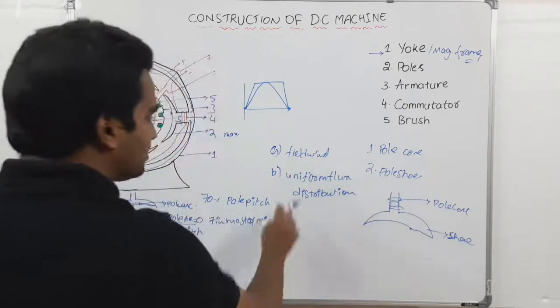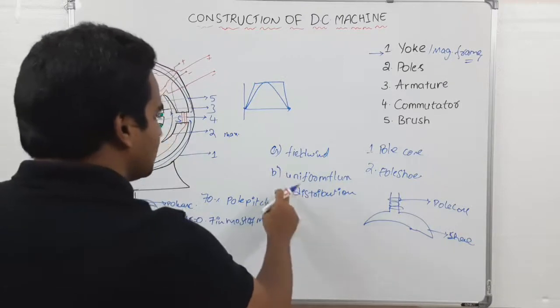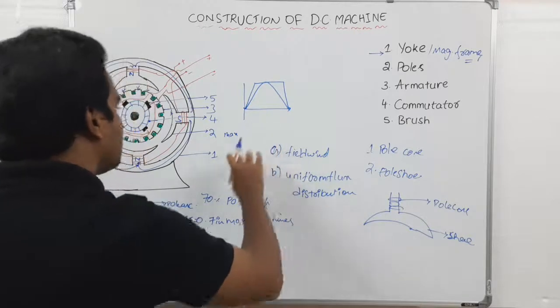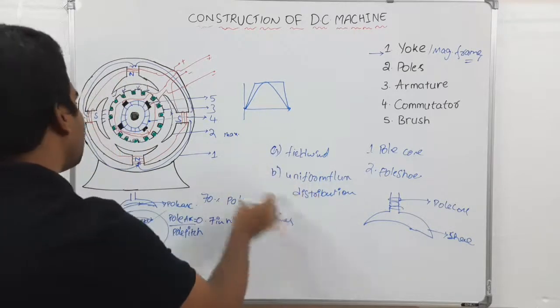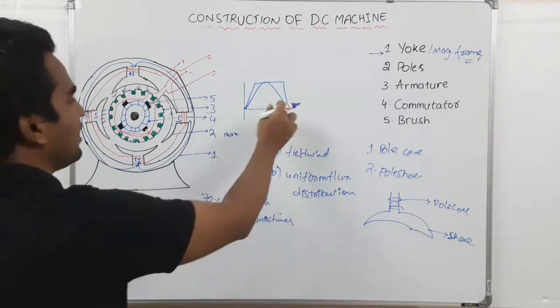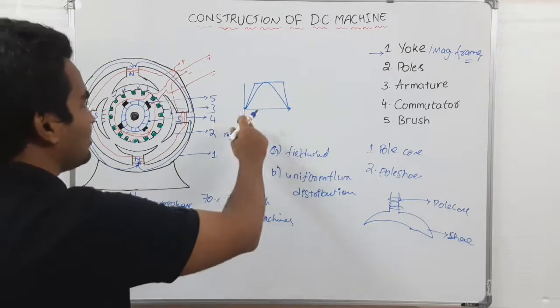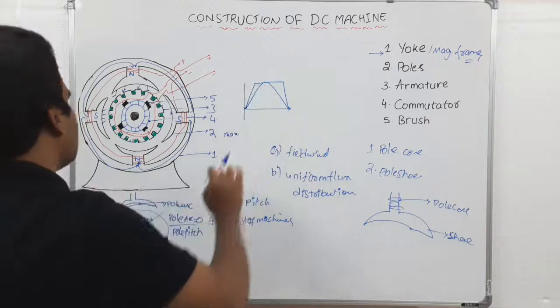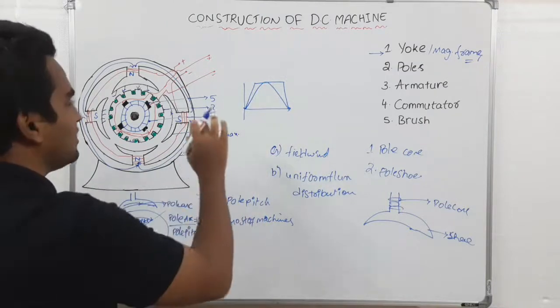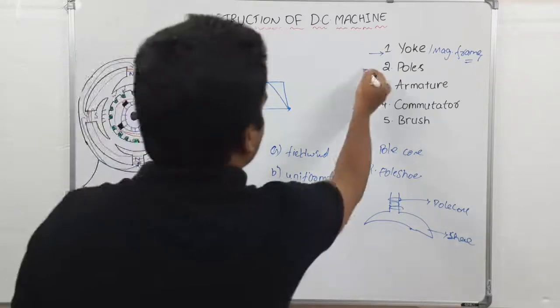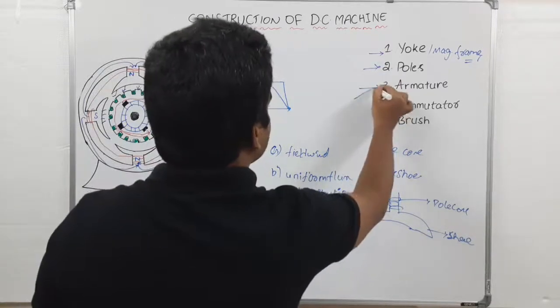The pole shoe distributes magnetic flux uniformly inside the air gap, and as a result the waveform will become flat topped, which is preferred because its average output value is more than that of a sinusoidal waveform. Next one is armature.